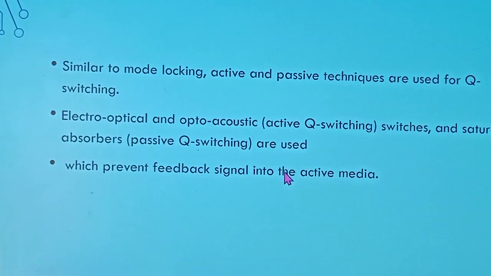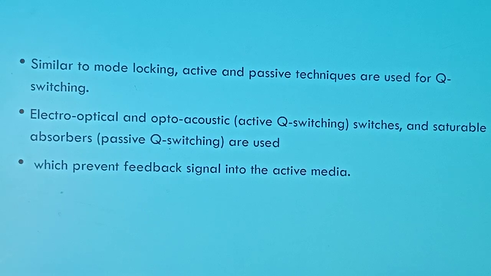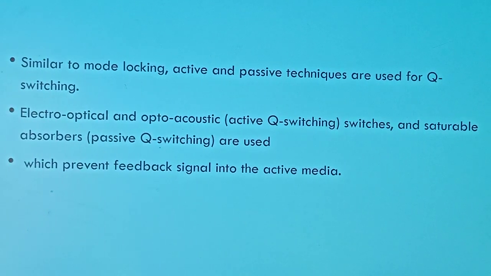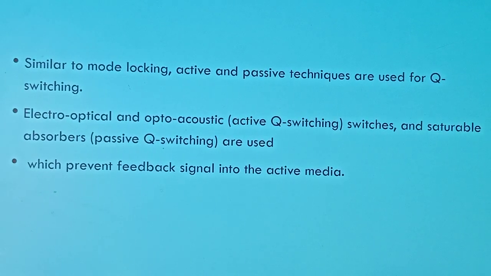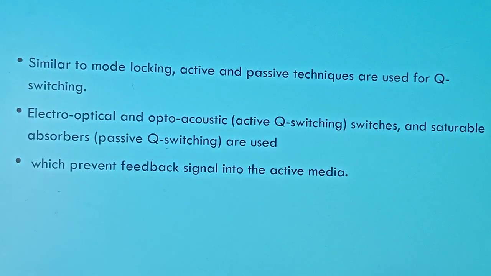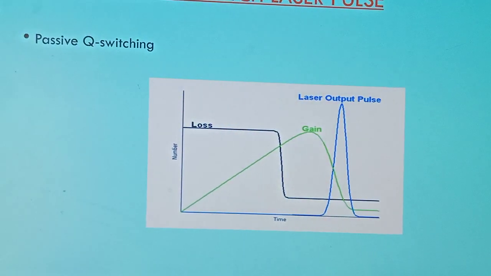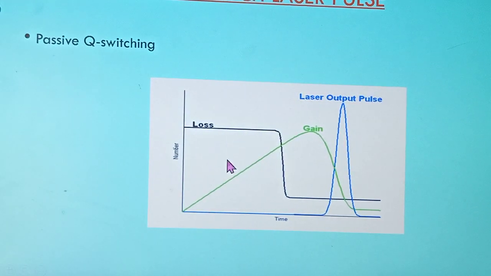In Q switching also we can use a passive technique or an active technique. So this is how a Q switched laser works. Now let us see how the laser pulse evolves.